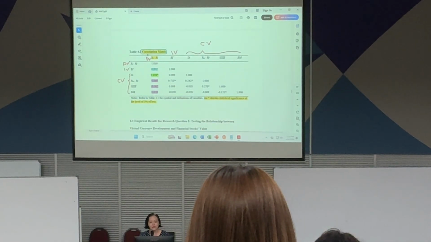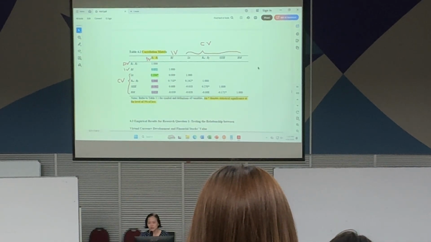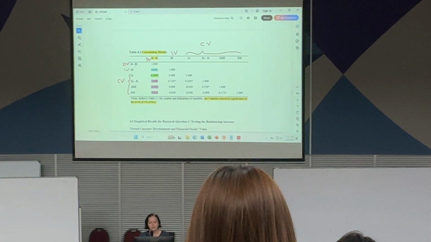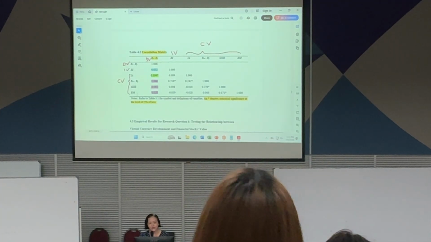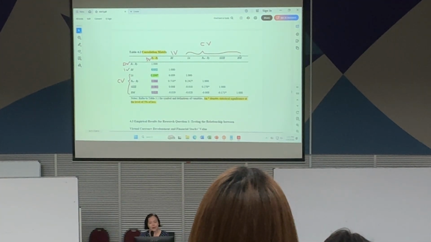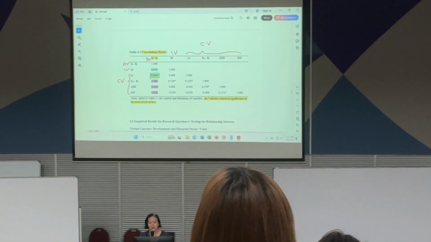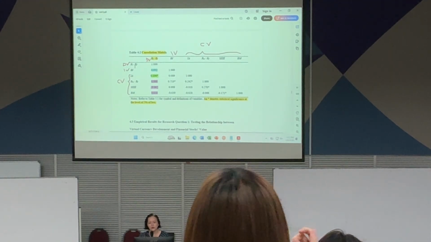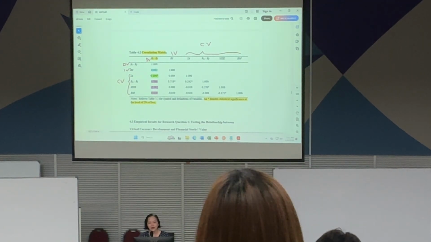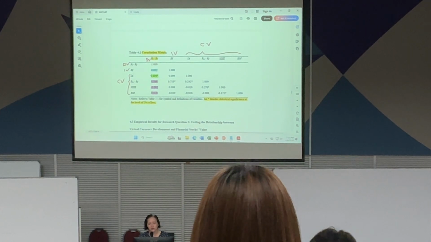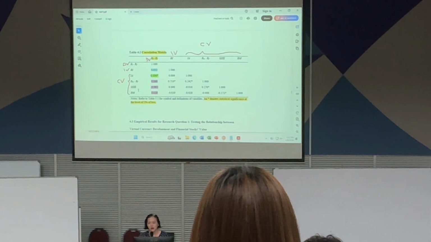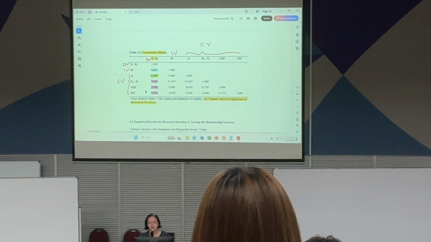I call my table correlation matrix. Why matrix? Because you notice the first column and the first row are covering the same thing, isn't it? Yes or not? And as usual, we will start with DV, IV. If you got control variables, they go on the first column, and on the first row, the same thing.